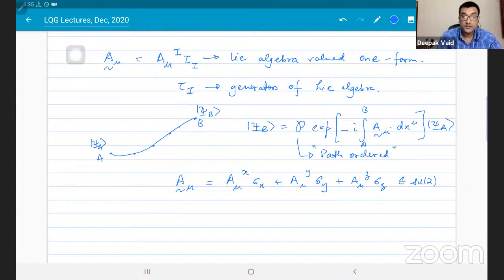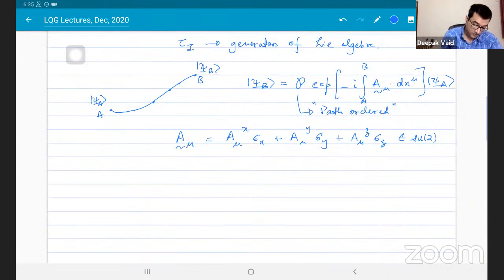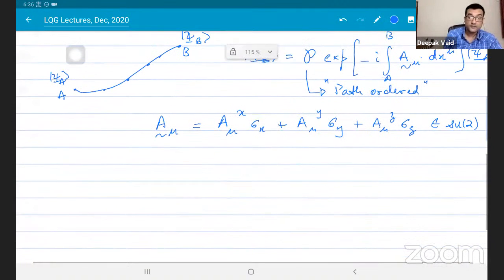All right. Now, what is the meaning of this path ordering? This path ordering exponential is defined in the following way.